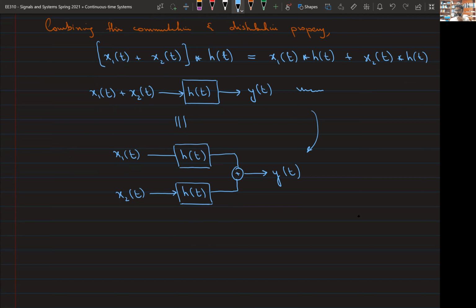Excellent, Munim. This is because of linearity. Because linearity का मतलब ये है कि if I add two inputs up, the output that I'm going to get is actually the addition of the corresponding outputs anyway. Okay, so everything clicks together.